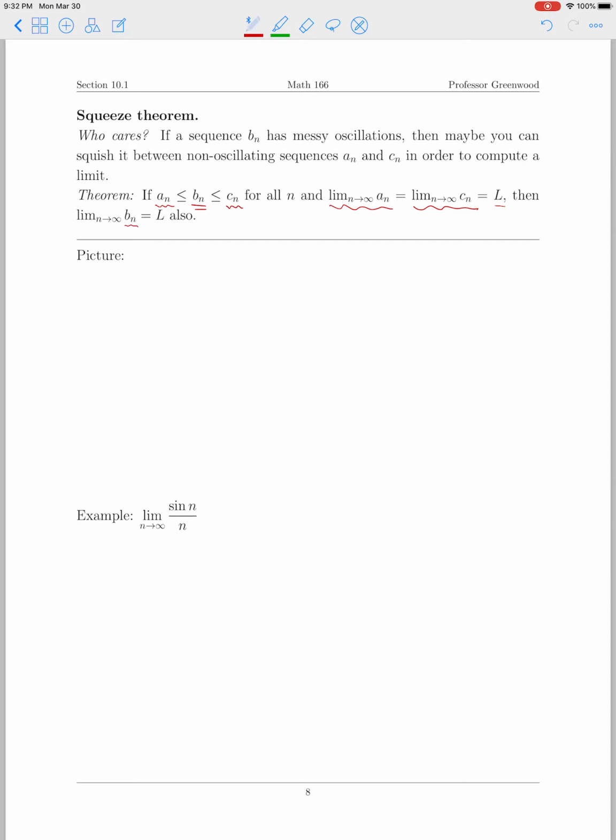If I draw a picture of what's going on here, maybe we have some sequence of numbers, b sub n, that are really bouncy overall. That could be really annoying if we're trying to compute the limit of this sequence b sub n.